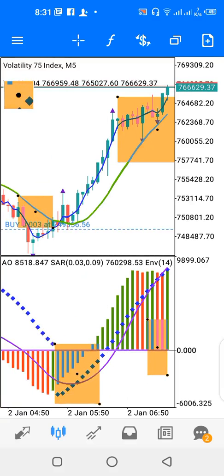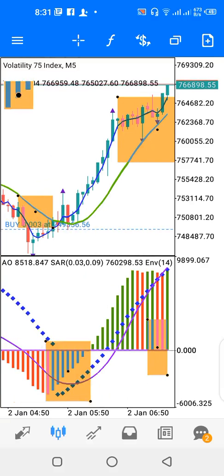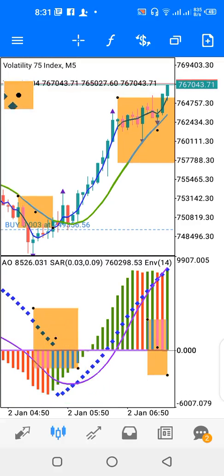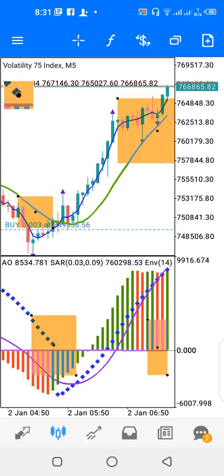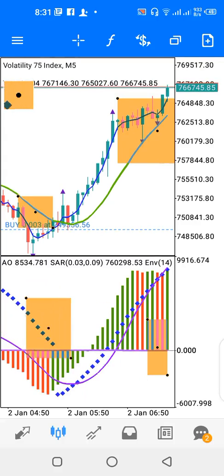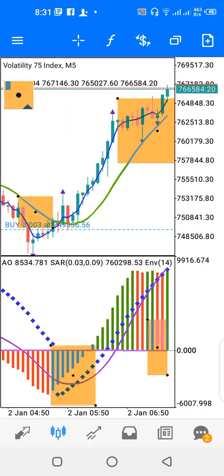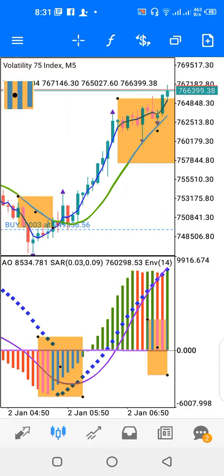So the change of the color from red to green is your signal. The break of the parabolic SAR around the purple line, break from bearish SAR breaking into bullish SAR, at the point of the break. That's your signal.